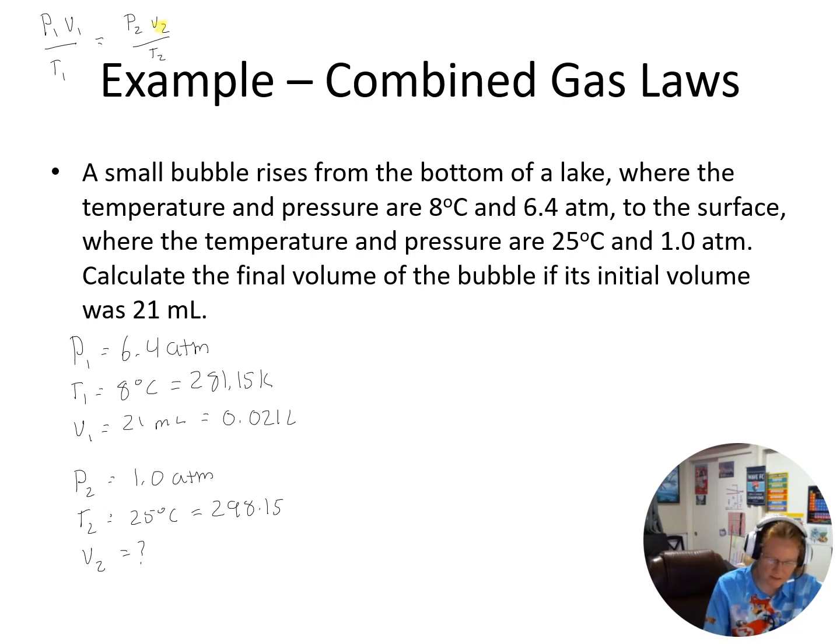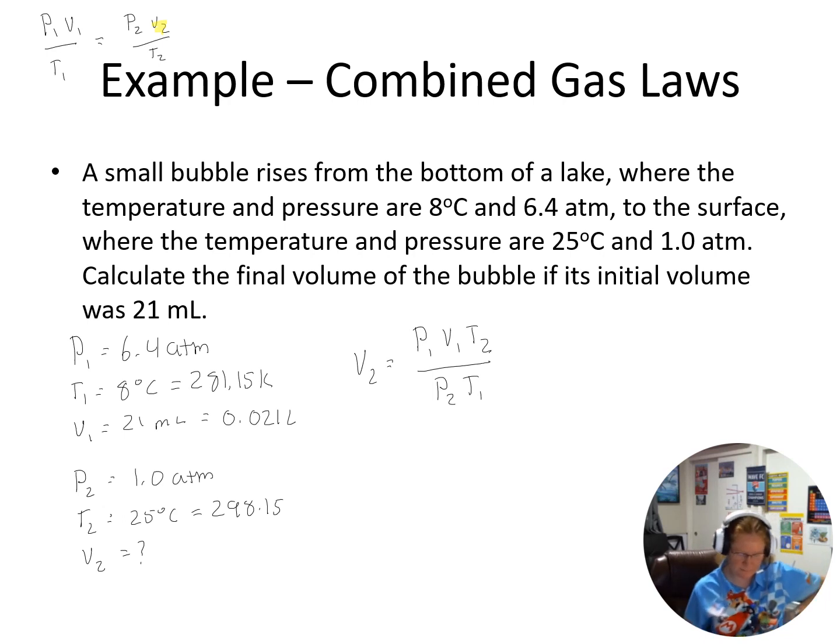All right, so if you rearrange it correctly, you should get V2 is equal to P1 V1 T2 over P2 T1. Okay, so again, really important to have those variables defined so that you know where all the 1s and 2s go so you don't get them mixed up.